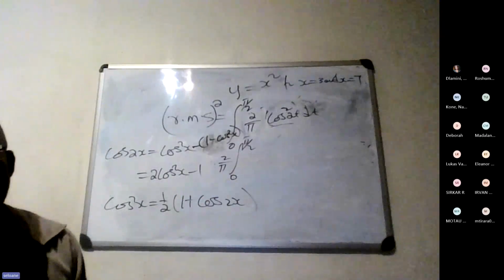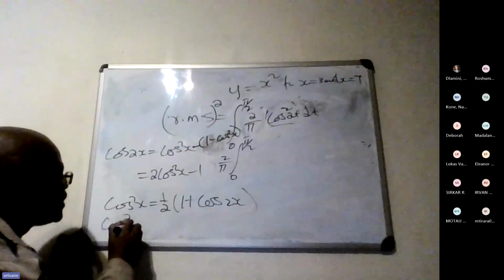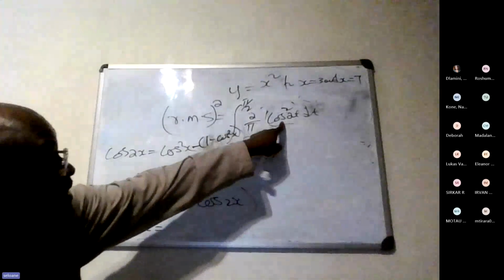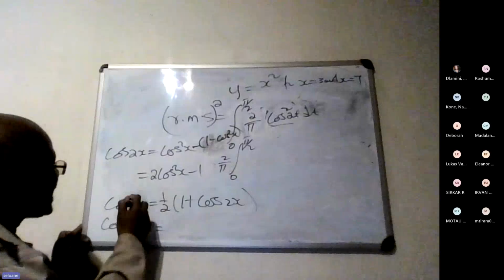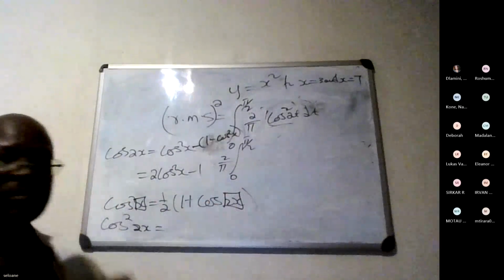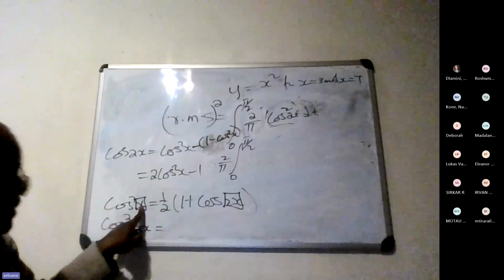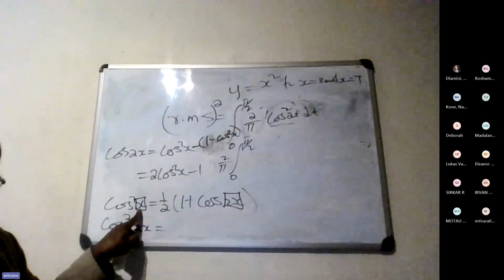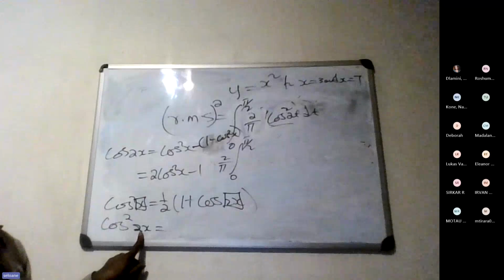But now here we are looking for cos squared 2x. What is cos squared 2x? You can see that the 2x here is twice x.